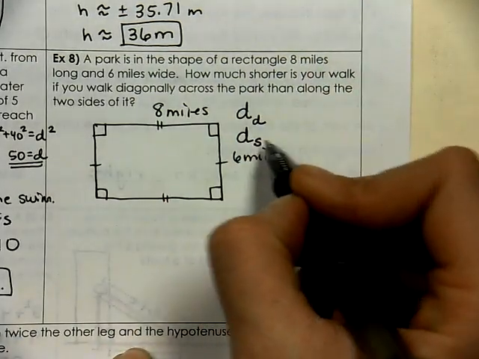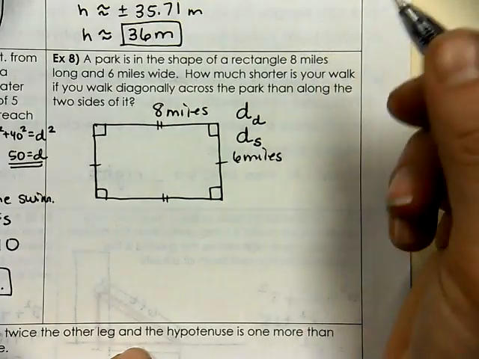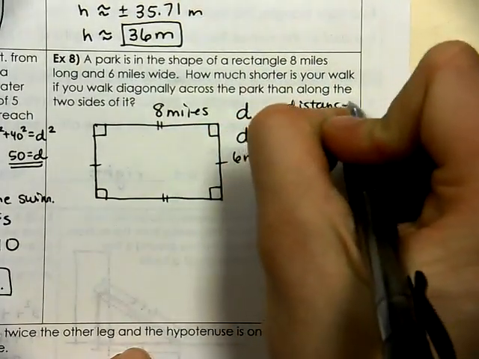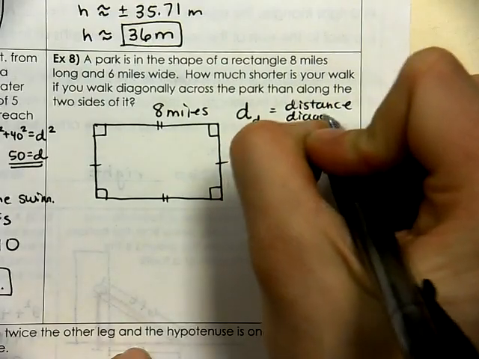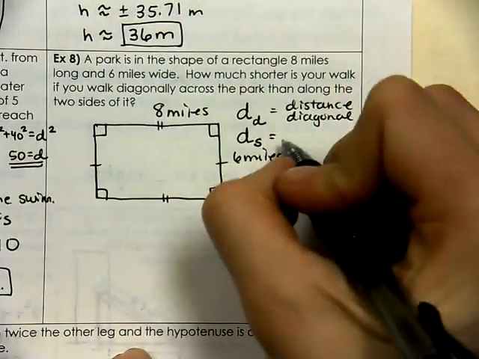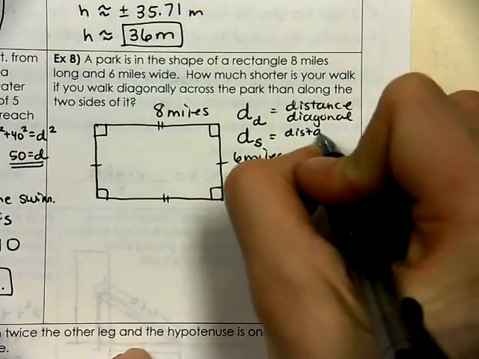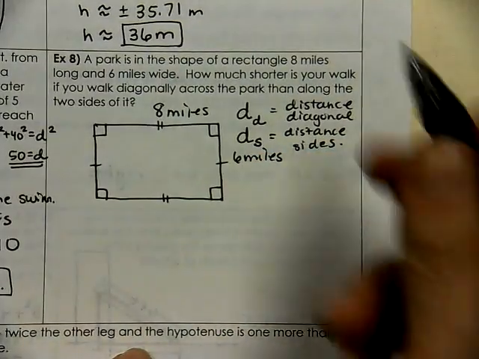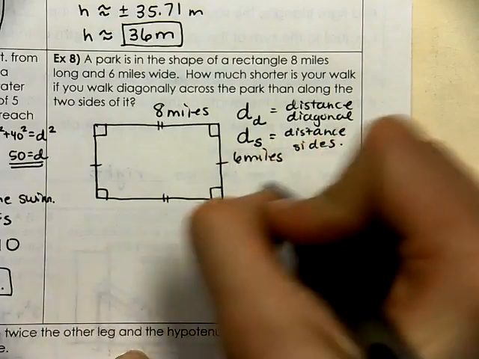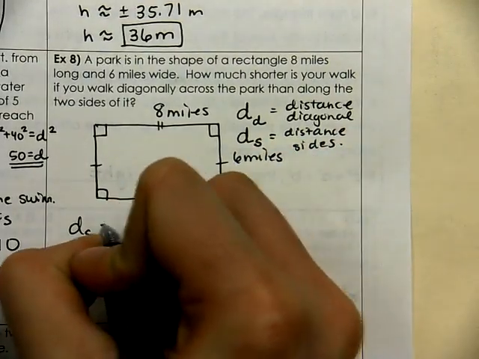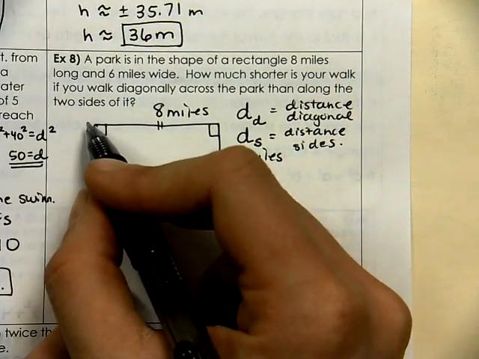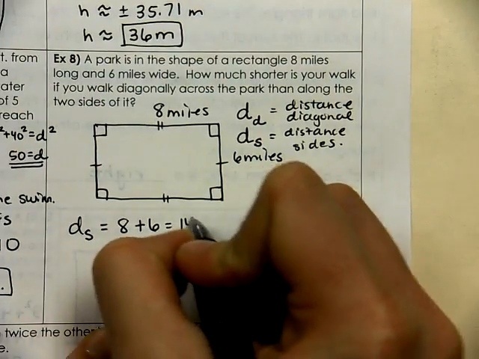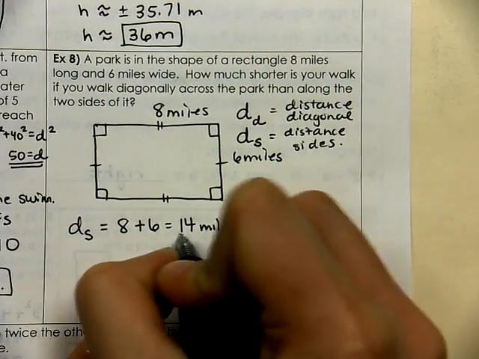If I go along the sides, that's d sub S. The distance if I take the sides will just be 8 plus 6, or 14 miles.